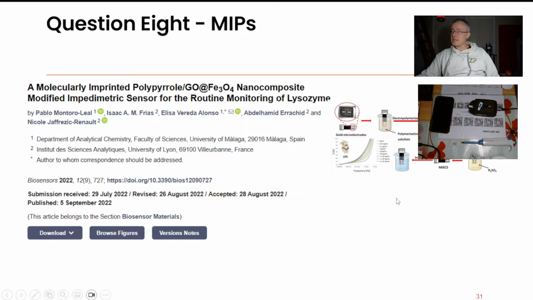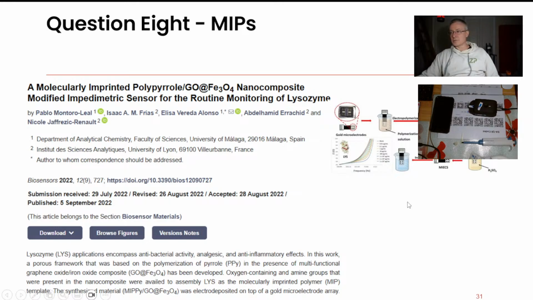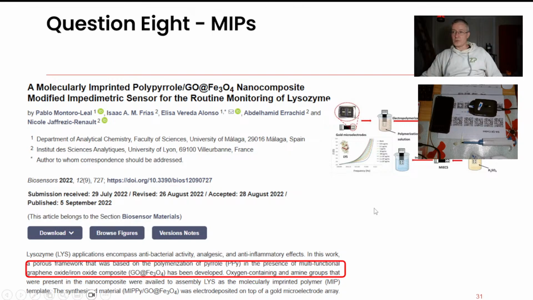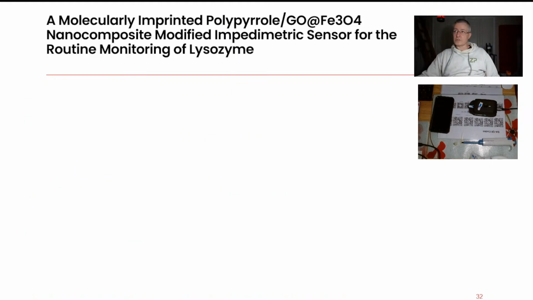But that said, somebody was asking me how we would translate this paper into a product, and I thought it was quite straightforward because they're doing an electropolymerization of pyrrole into polypyrrole, probably in the presence of graphene oxide and iron oxide, and I suspect that the polypyrrole is polymerizing and maybe entrapping or encapsulating this graphene oxide composite as well, and they're doing it on top of a gold electrode.